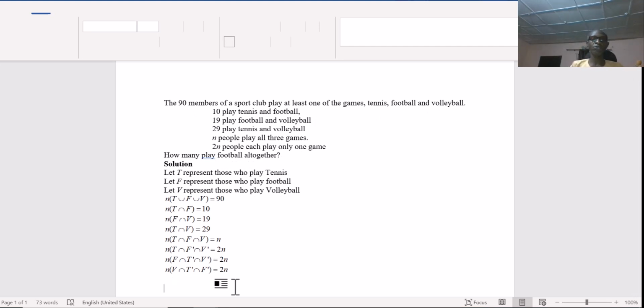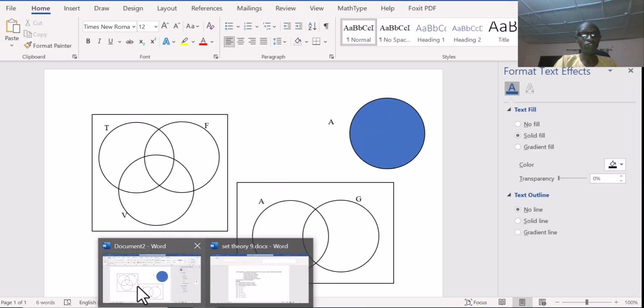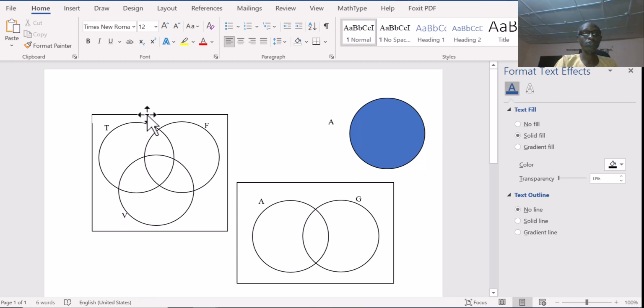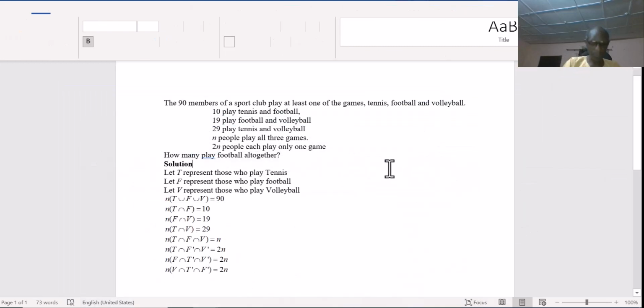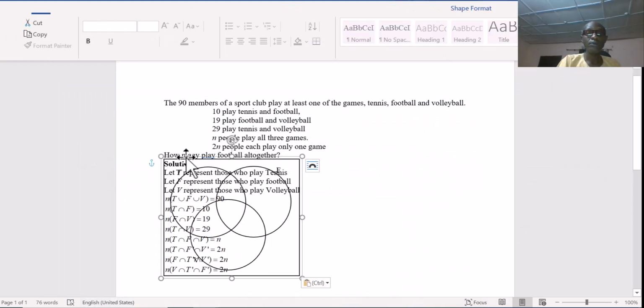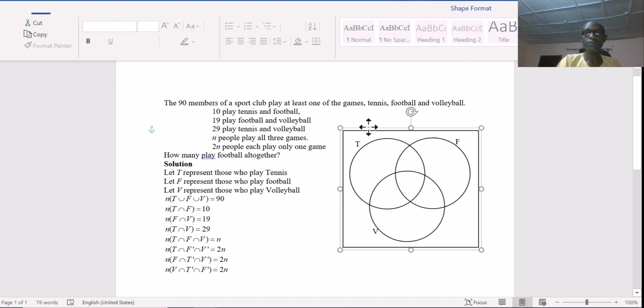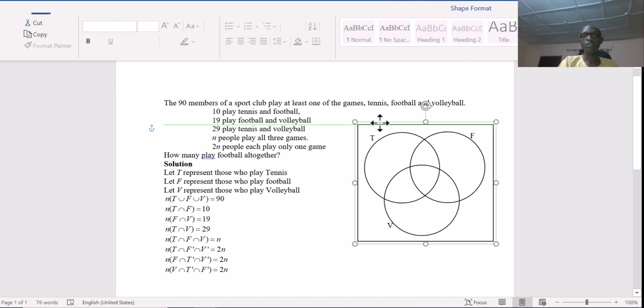The next thing for us is to sketch a Venn diagram. Let's see how the Venn diagram will look. I've drawn one just for the sake of time so that we will not waste much time; I'm going to copy it and paste it. So take this as our Venn diagram.